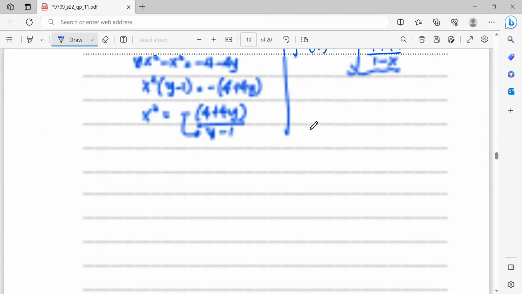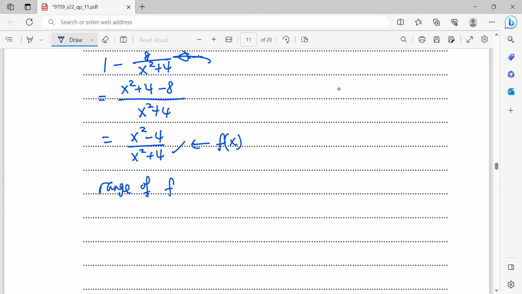So when x is greater than 2, the denominator is positive. So 8 divided by positive will be a positive number. Therefore, your range of f will be between 0 and 1.